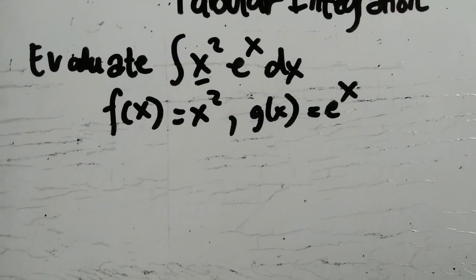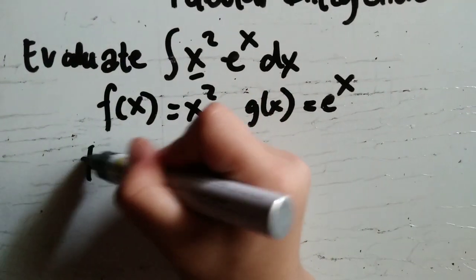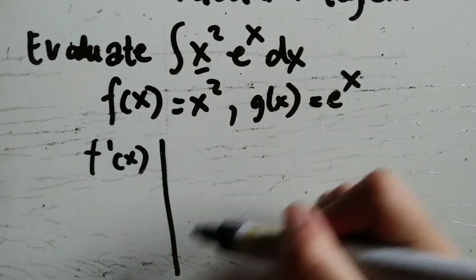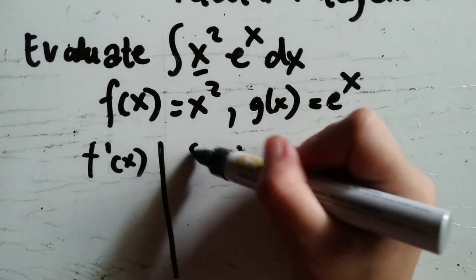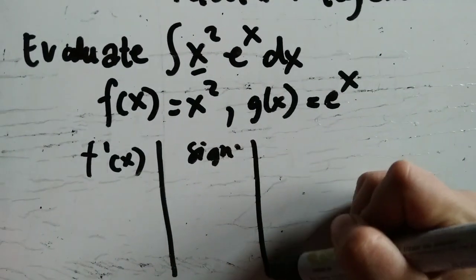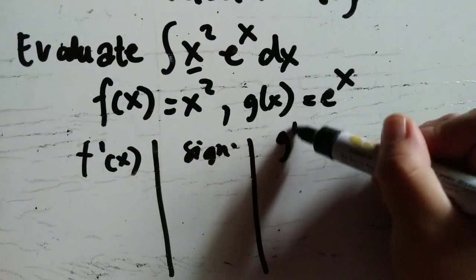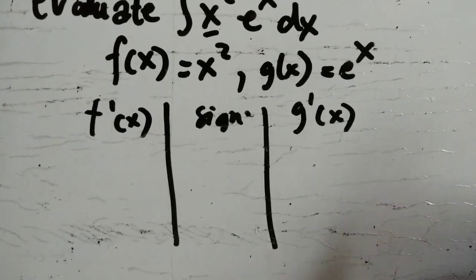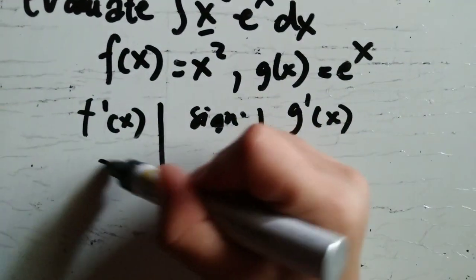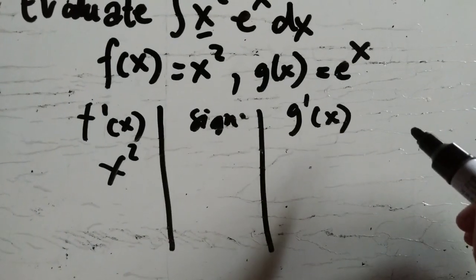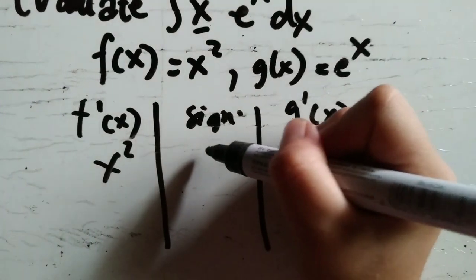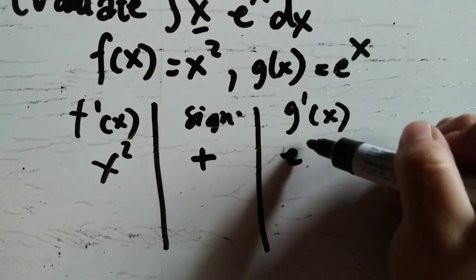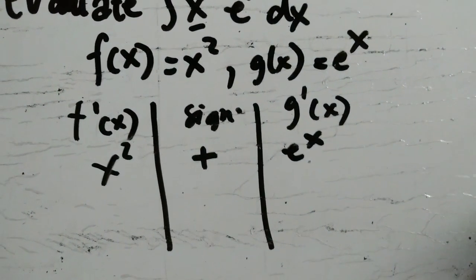Then using the tabular method, we have f of x, derivative, and then this is the sign, and g of x or the integration. Okay, so first x squared, our sign plus, and our g of x is e raised to x.